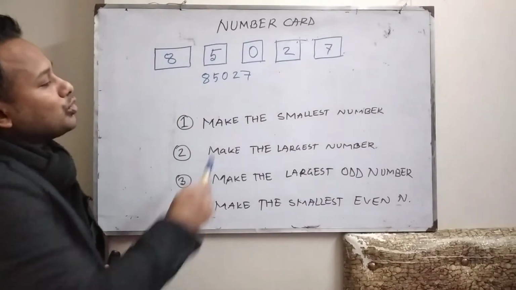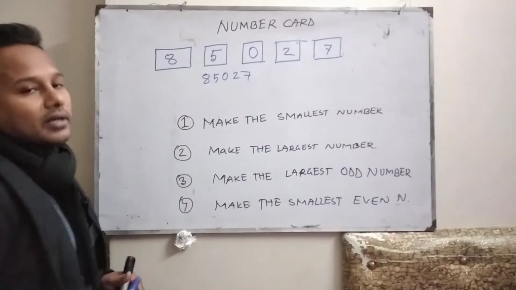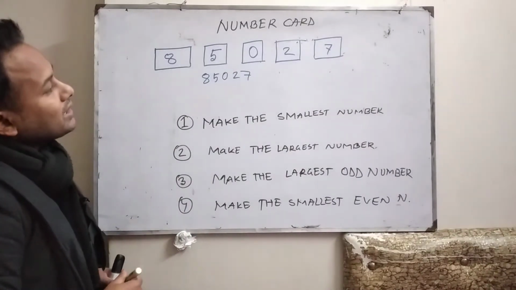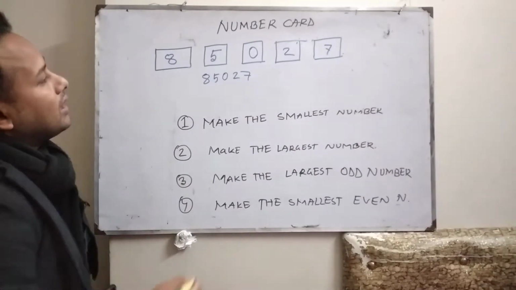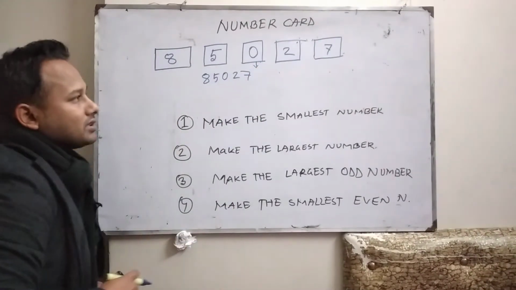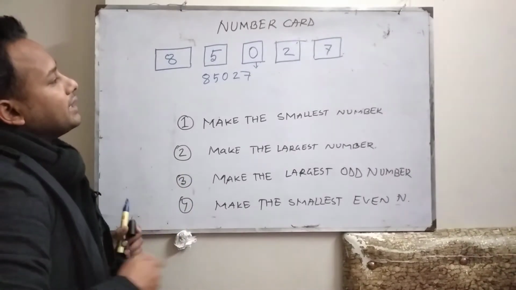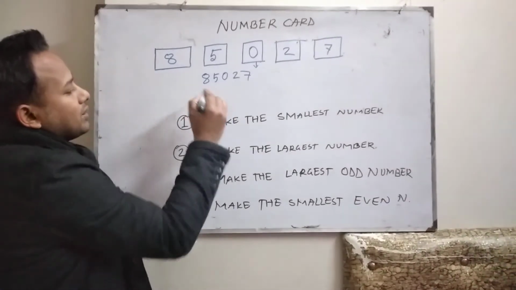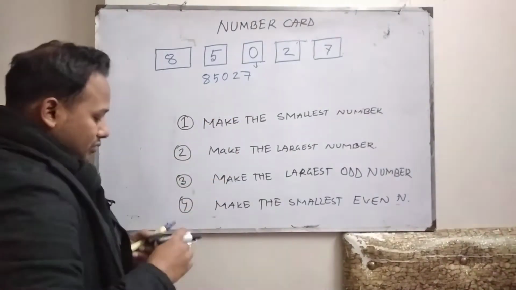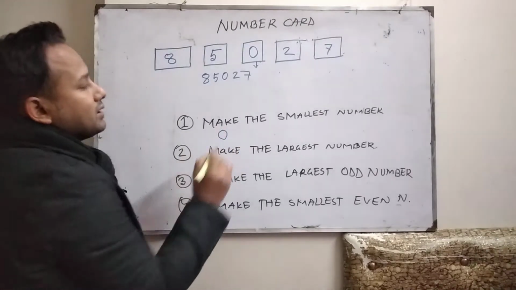Now how to make the smallest number out of this number card? So smallest number, as you can see, 0 is the smallest number. So here you go, that is 0 is our smallest number. Okay, we are writing it here, that is 0 is our smallest number.